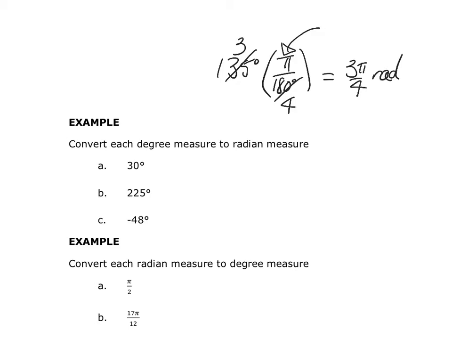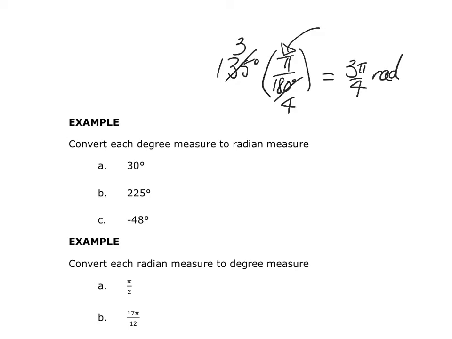So radians should have been there. I was a little lazy already, and I dropped it off. My answer is 3 pi over 4 radians. And because we are almost always in radians, what we're going to see later, especially in the textbook and homework, when you see 3 pi over 4, it's assumed to be in radians. So if you all can convert from degrees into radians on this next example.